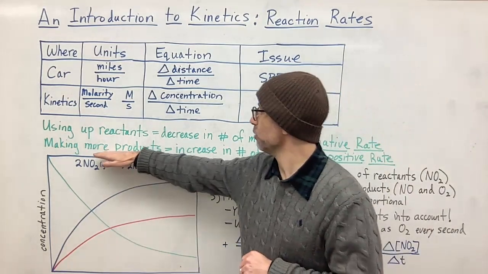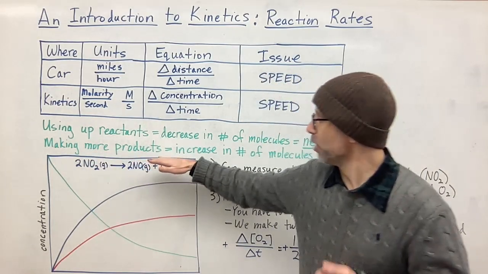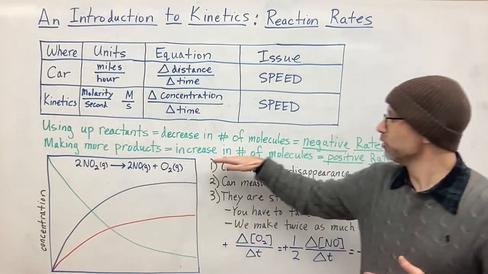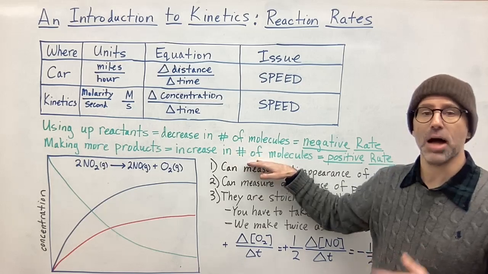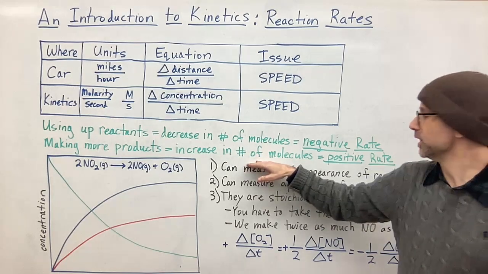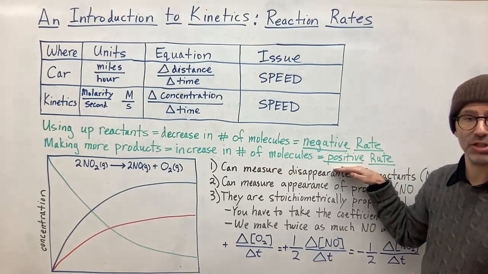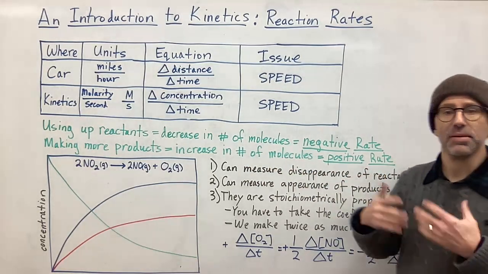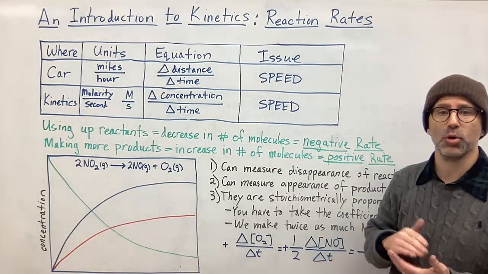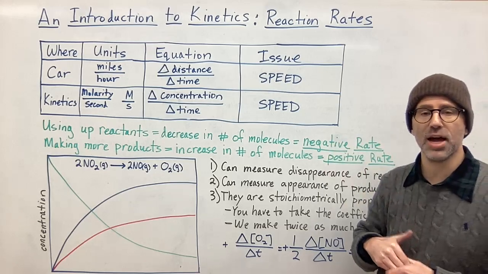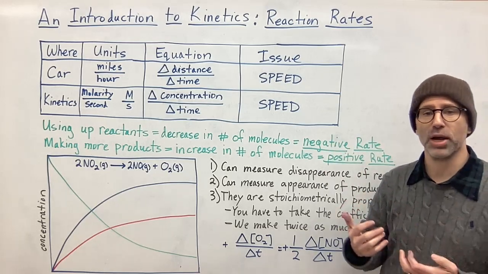During the same reaction, we're making products. And so there we're going to see an increase in the molecules of products, and that's going to give us a positive rate of change. So the production of products, because we're increasing the amount of products over time, is going to be a positive rate of change.